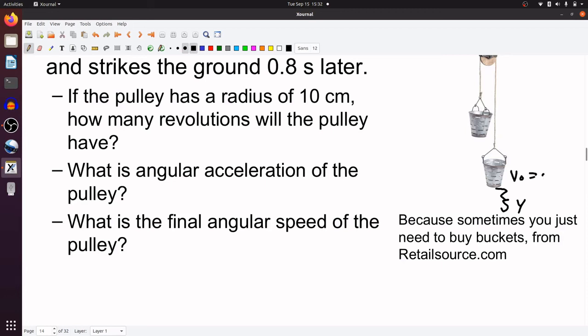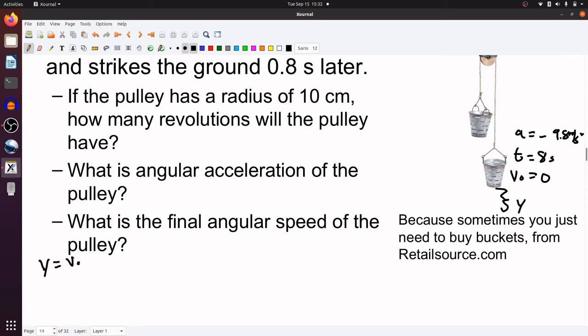We know the initial velocity was 0, we know the time is 0.8 seconds, and it's in free fall, so the acceleration is negative 9.8.